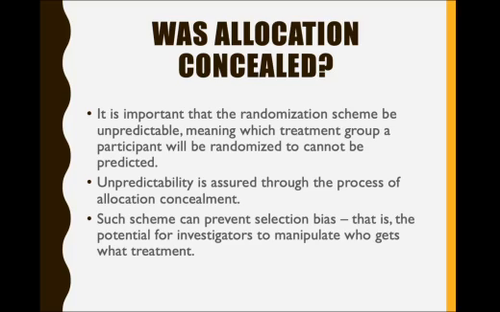You see, it is important that the randomization scheme be unpredictable. That's why you need to conceal the allocation of treatment. The randomization scheme should be unpredictable, meaning which treatment group a participant will be randomized to cannot be predicted.